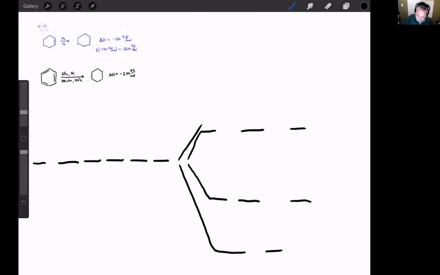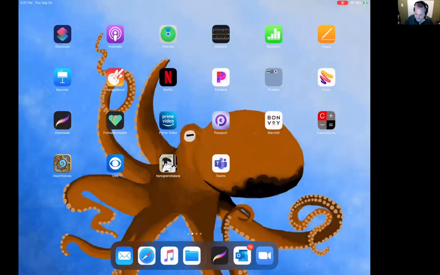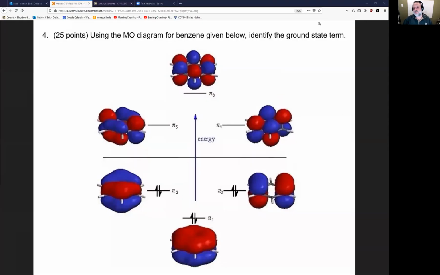What I'm not going to attempt to draw is the actual picture of the orbitals. What I want to do for a moment is stop there and switch my share, and show you this picture of what I'm talking about.